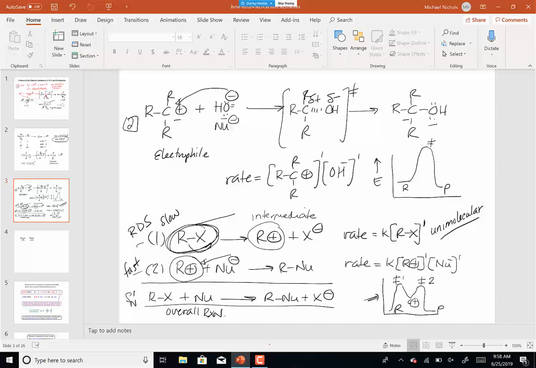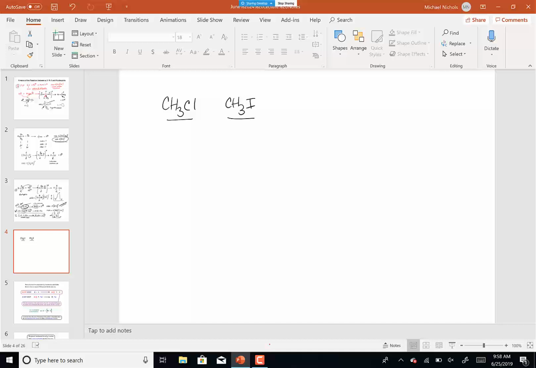So this is what happens with a tertiary halide. Does this happen with a secondary halide? It could. Does this happen with a primary halide? No. Why do I say that?